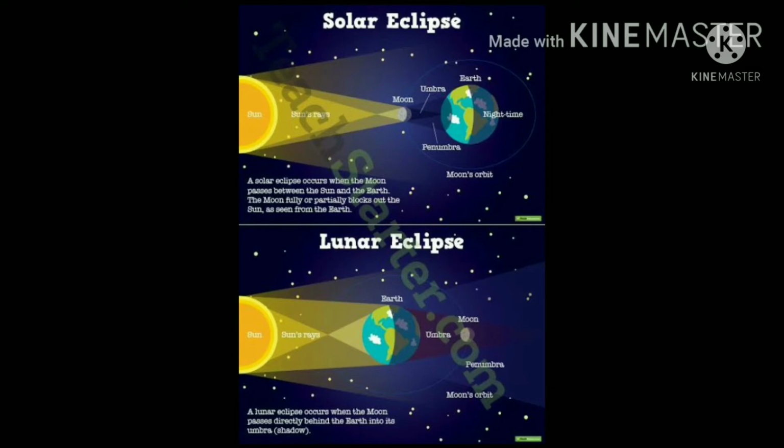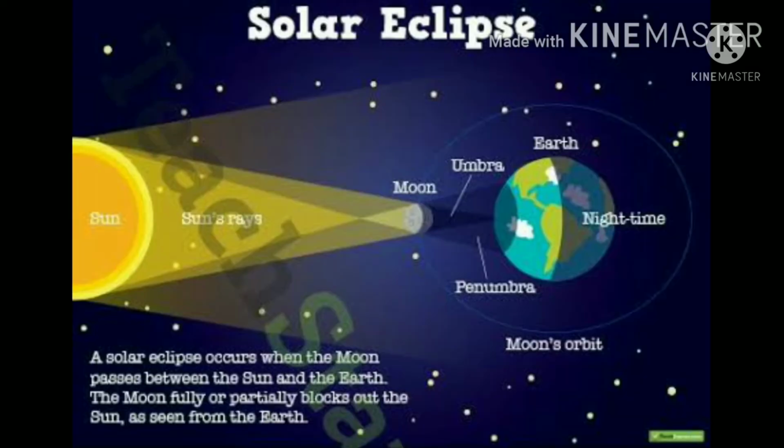Solar eclipse means when the sun, the moon and the earth come in a straight line with the moon in the middle. This is the important one. So the shadow of the moon may fall on some portion of the earth, because comparing earth and moon, which one is bigger in size?